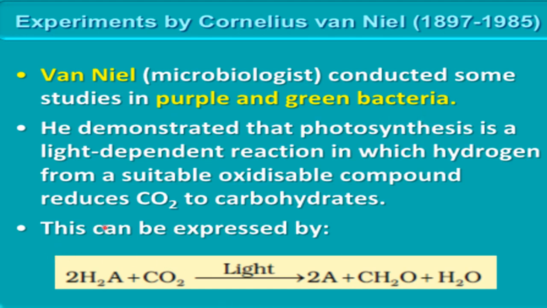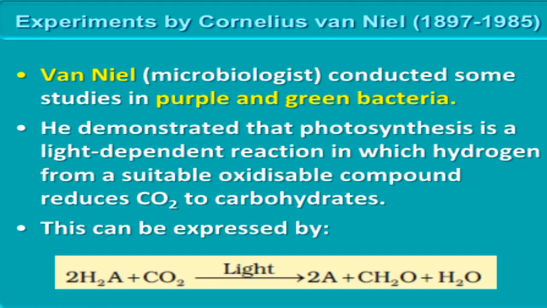And he said that we can express the equation of photosynthesis like this: 2H2A. So for the equation of photosynthesis we write water here, H2O, but it is H2A. H2A means A can be any substrate, any compound which can provide hydrogen. In place of water any compound can be used here to give us hydrogen, right?